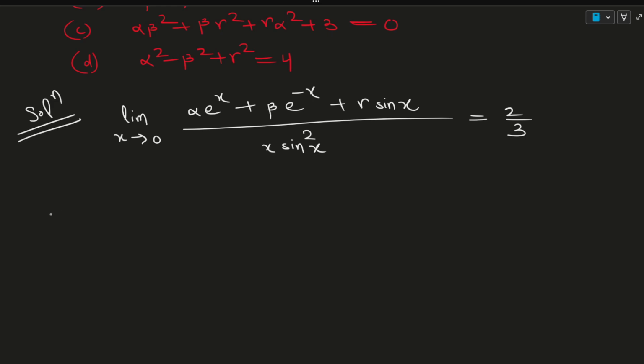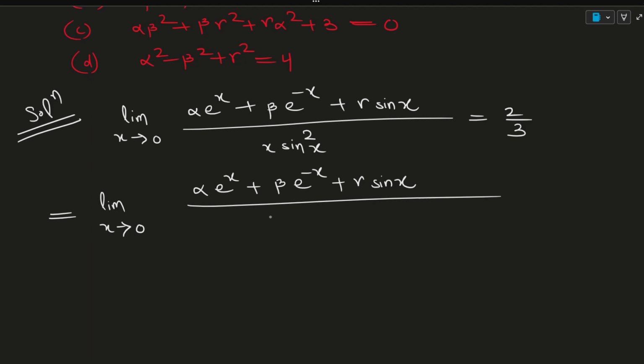So now what I will do is multiply x square and divide x square in the denominator. That is, I will multiply x square to x sine x and divide x square here.